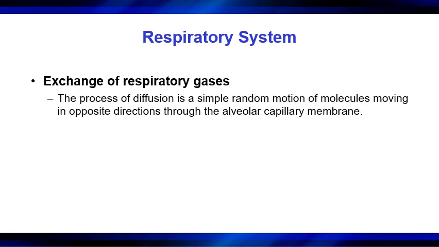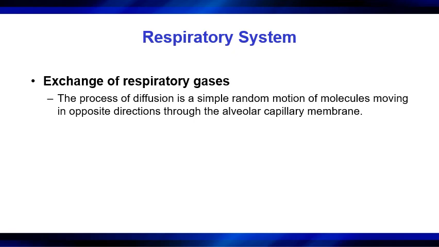The exchange of respiratory gases is really just diffusion, the random motion of molecules traveling in opposite directions through the alveolar capillary membrane. Basically, the gases go from an area of high concentration to an area of low concentration.